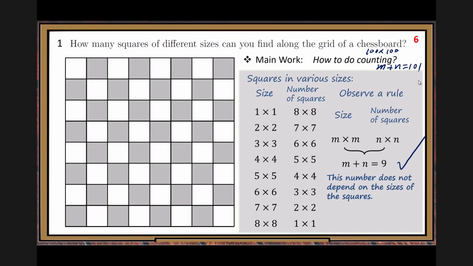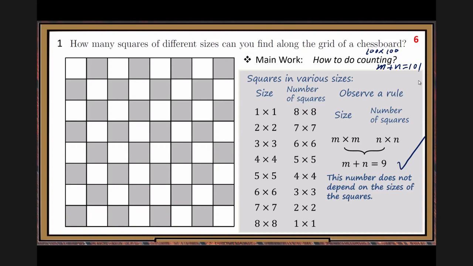I said one important usage of this invariance property is we can keep track of our data. Now, let's apply it, okay? In a 100 by 100 chessboard, very large, I want to ask you, how many squares with the size 37 by 37?